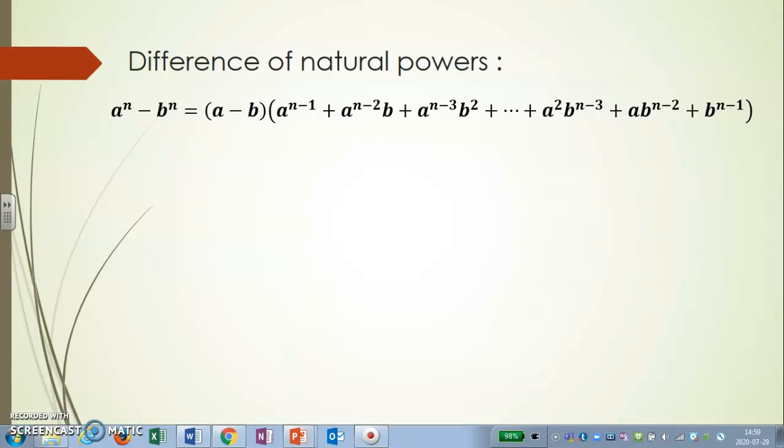So we have a to the n minus 1, followed by a to the n minus 2, followed by a to the n minus 3, and in the last term there is no a that appears whatsoever. Whereas in the case of b, the powers of b increase, starting with no b's at all in the first term, and then b squared, and eventually b to the n minus 1 in the last term.